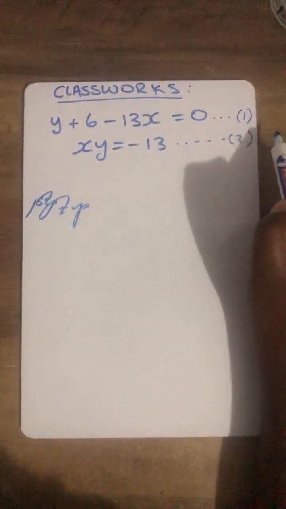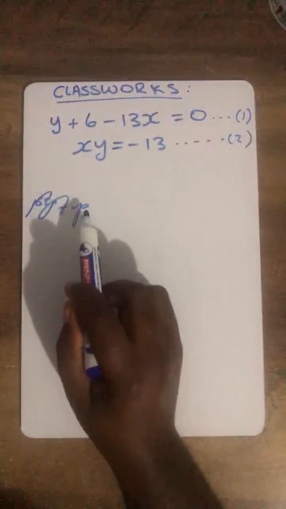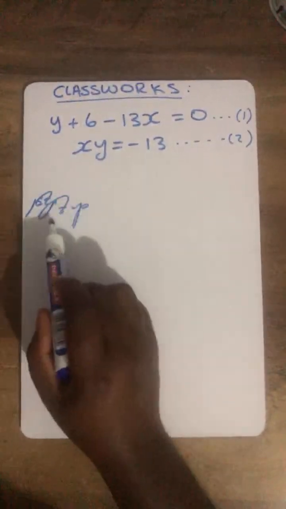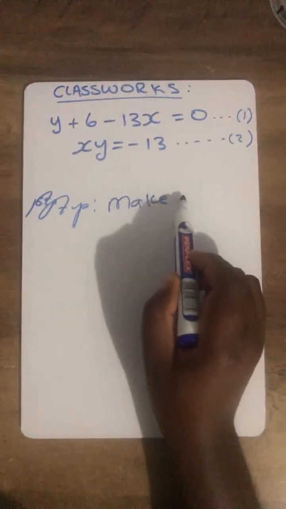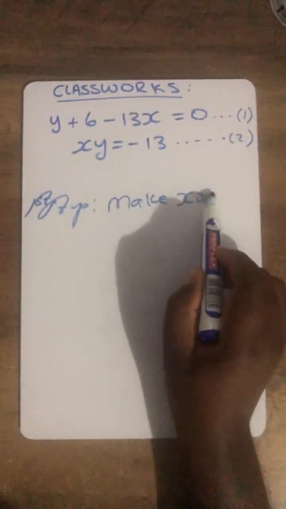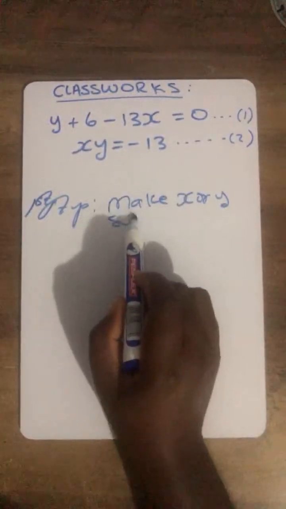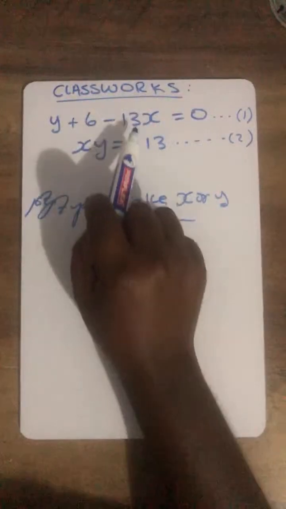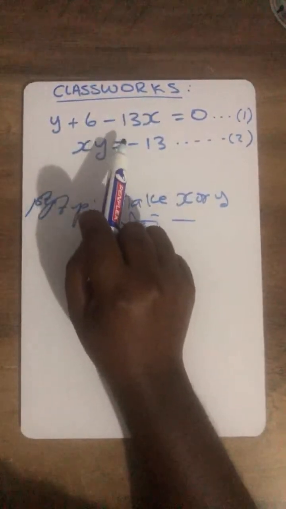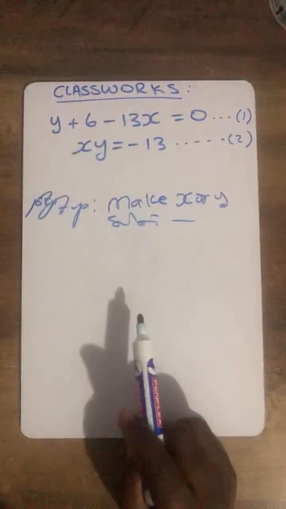And then step number 1, what you need to do, step 1, we say you make either x or y subject of the formula. For example, you just look at these 2 equations and you decide on which one you can make something subject of the formula.